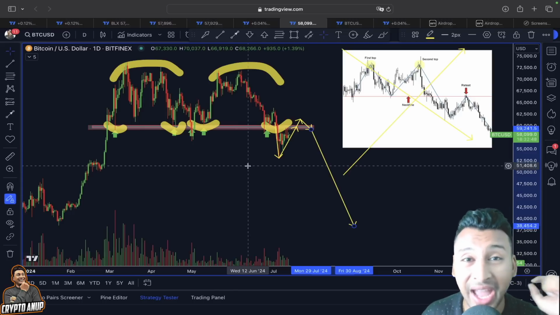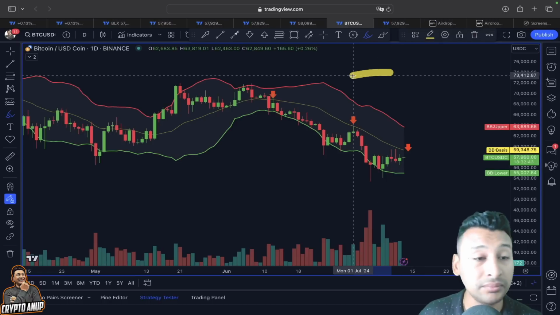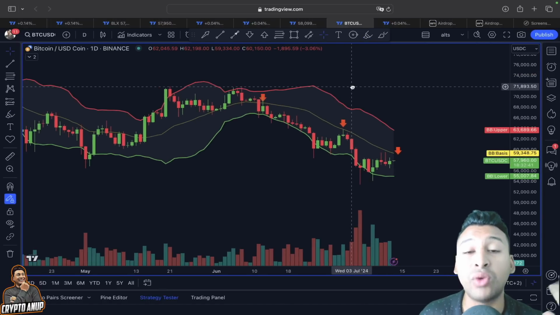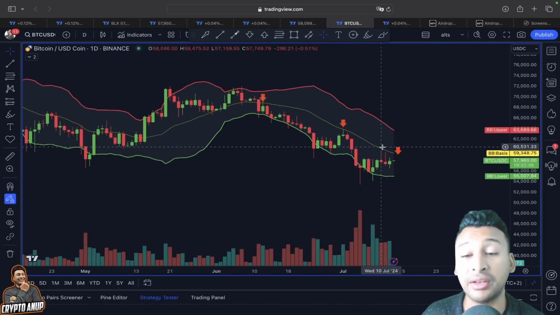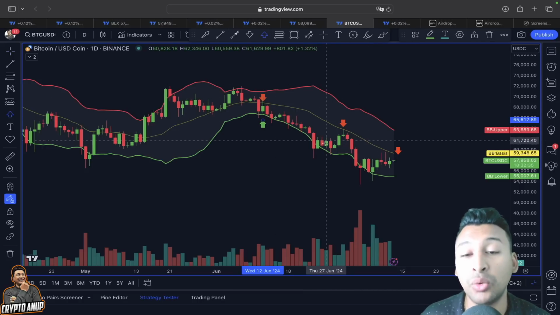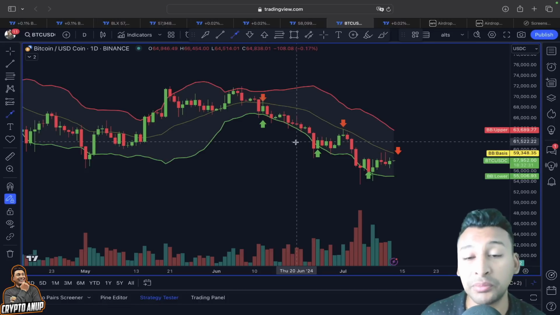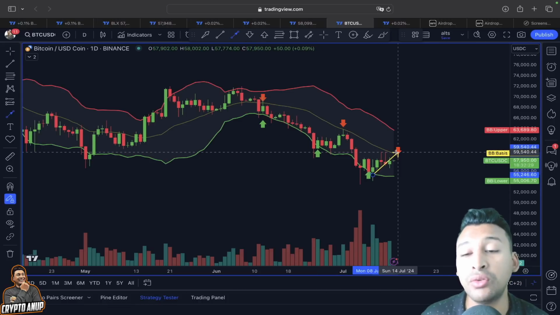Then we have to flip 60,000 into proper support, because you can see even according to this Bollinger Band, the central line or the signal line in the past price action rejected us. The lower trend line acted as support. But what I'm trying to pinpoint here is that since we have already tested the support from this lower band, price is also showing a relief rally.